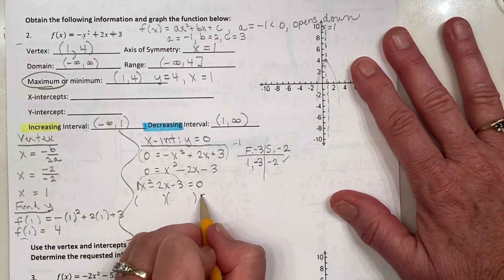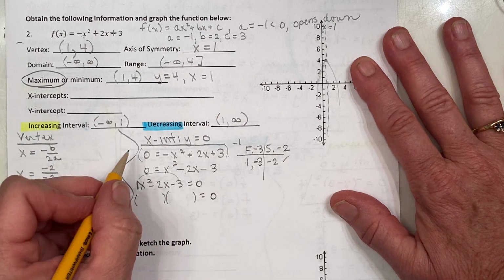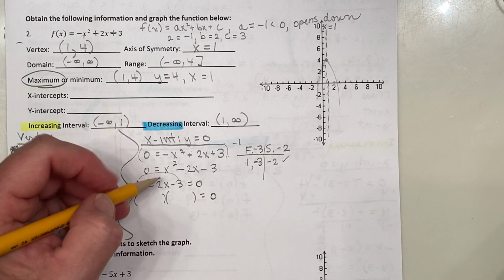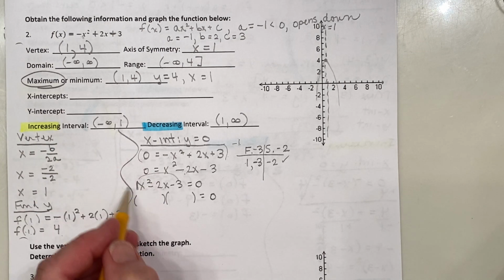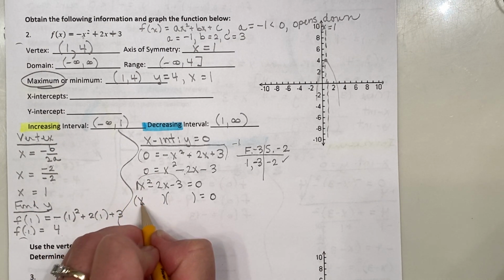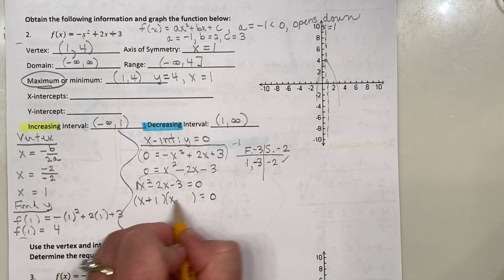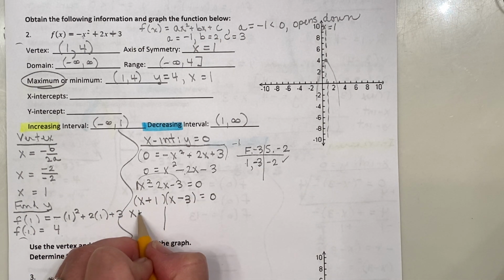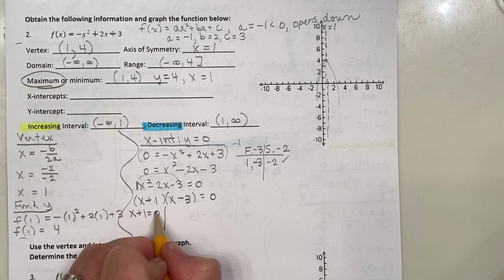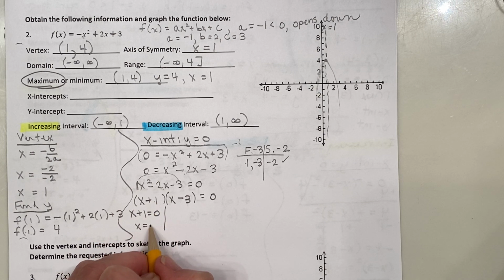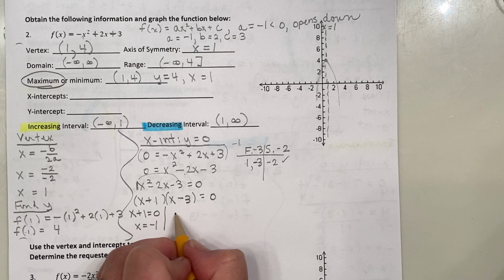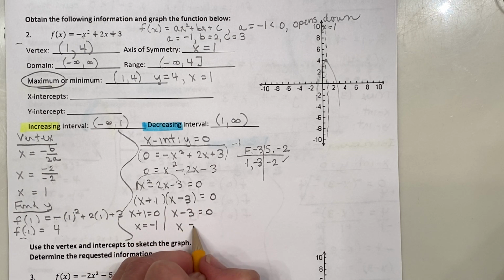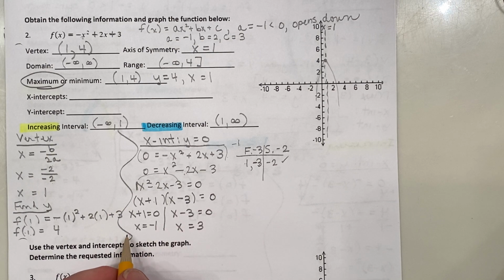I don't have to do grouping. If I did have to do grouping, I might go straight to the quadratic formula. If a was greater than 1, I probably would go to the quadratic formula. So this is x, and this is x, and this is +1, and this is -3 from our factors. All right, so this factor, x plus 1, produces x equals -1, and then this factor, x minus 3, produces the root x equals 3.